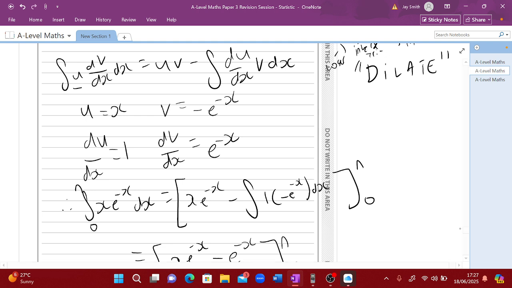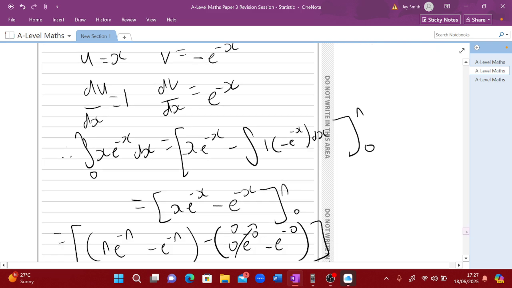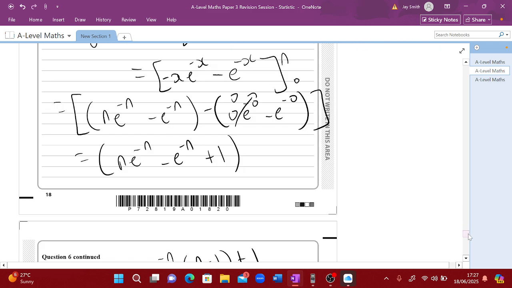Oh, uv. That's why. uv here is minus e to the minus x, because v is minus. My apologies. So that's minus. Easily rectified though. So that'd be minus n e to the minus n, minus of minus.